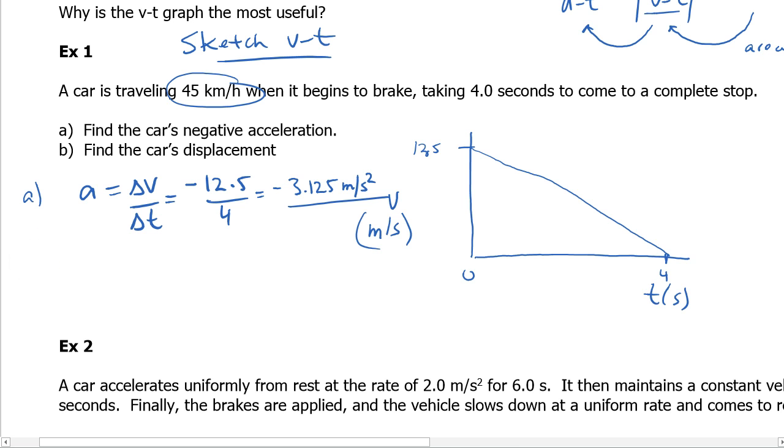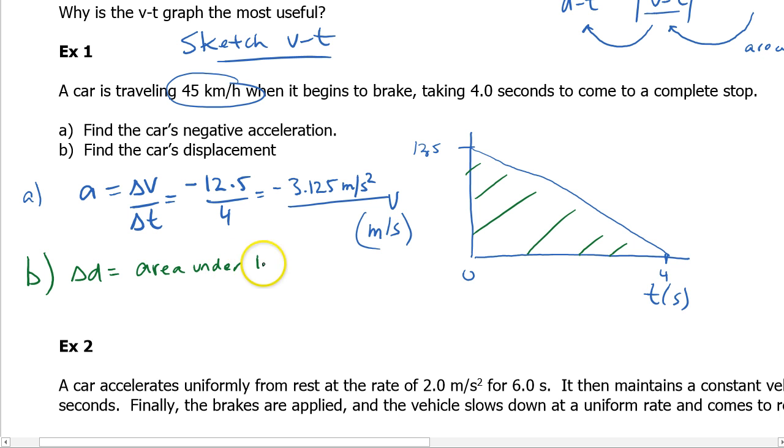Part B is to find the displacement. So the displacement here is going to be equal to the area under the line, that area there.